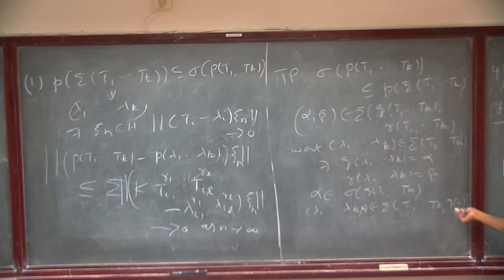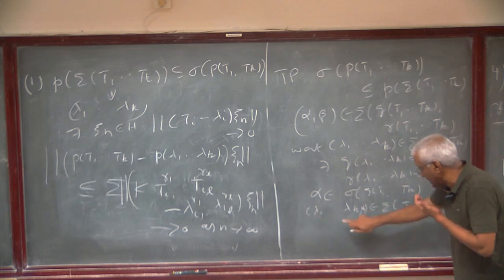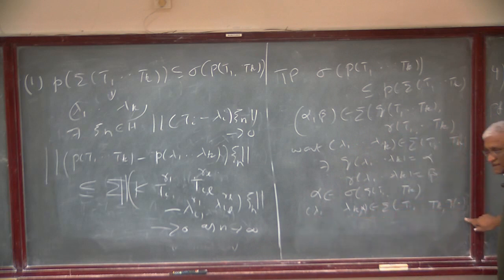By the earlier theorem, Q is a self-adjoint operator, so you can attach it. So if you have any alpha, you get a lambda 1 to lambda k such that this tuple is here. That is what the previous proposition says.